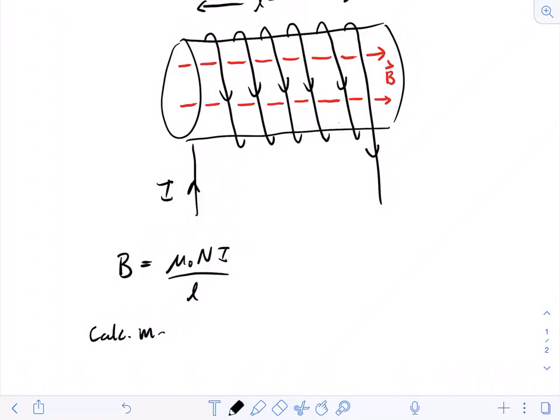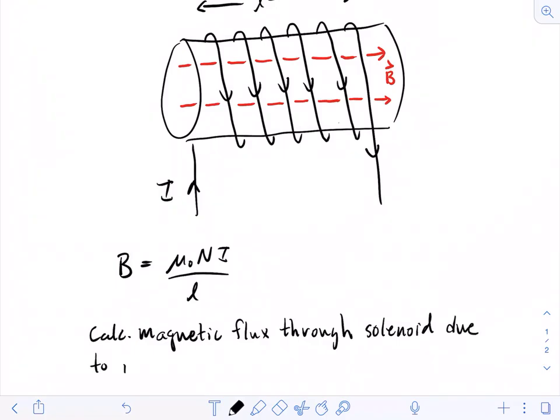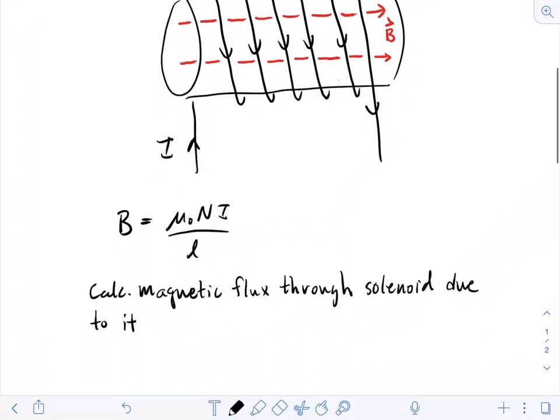The magnetic flux through our solenoid due to its own magnetic field.